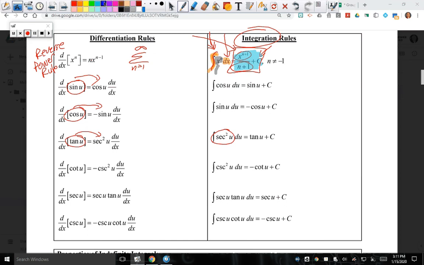I have a negative sine. That's not the same. You see what I'm doing? I could look at this negative and pull it out and ask myself, what's the integral of sine of u? What's the integral of sine? Cosine. And then I can put this negative back in. Plus C.